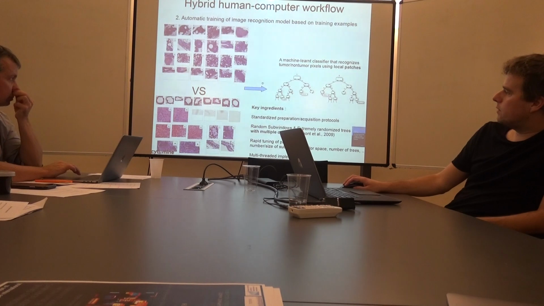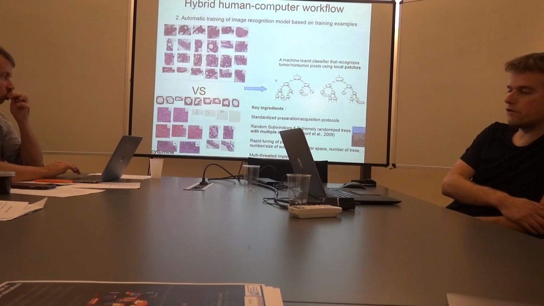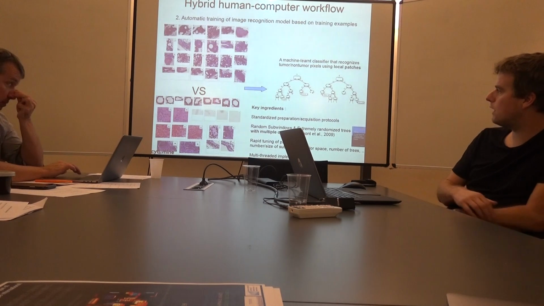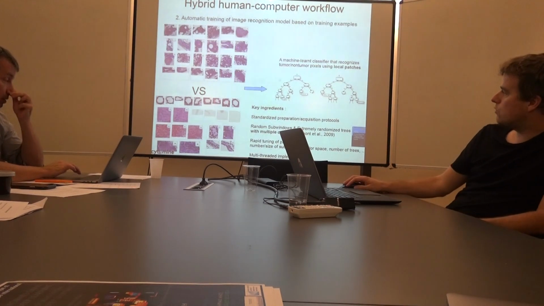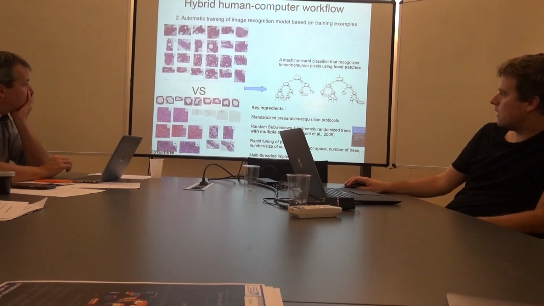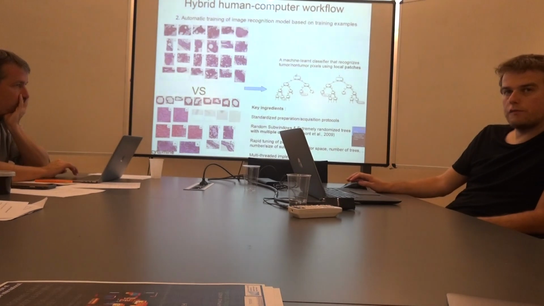And the typical way of dealing with that is to apply machine learning or deep learning approach. At that time, it was in 2014, deep learning was not yet so popular. It became popular then. And so what we use are ensembles of decision trees, which are basically very large structures that perform a lot of pixel comparisons.